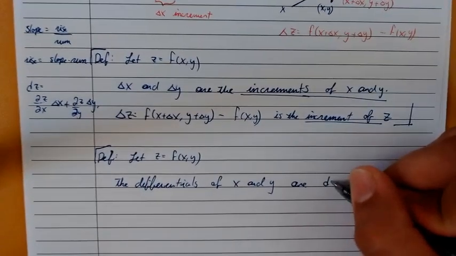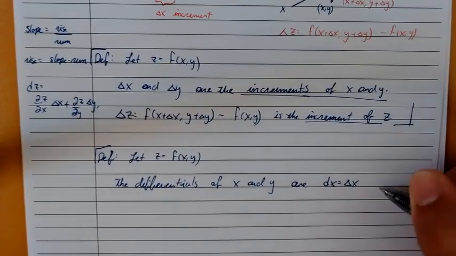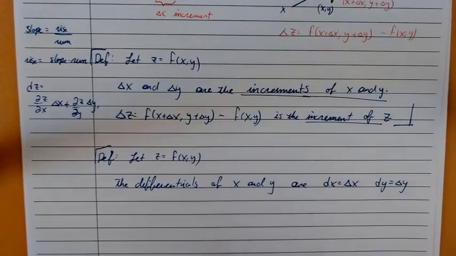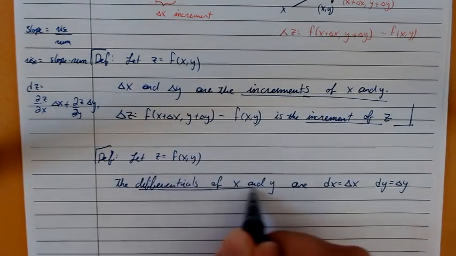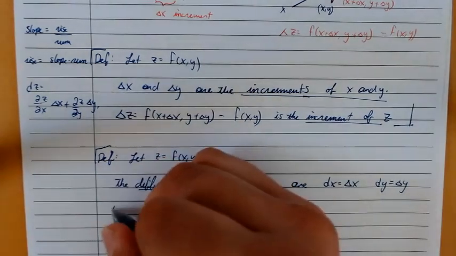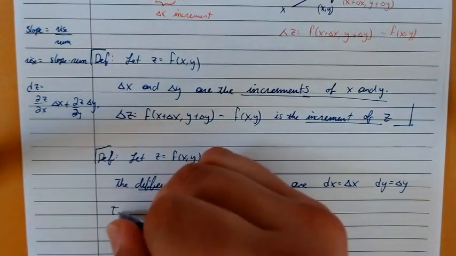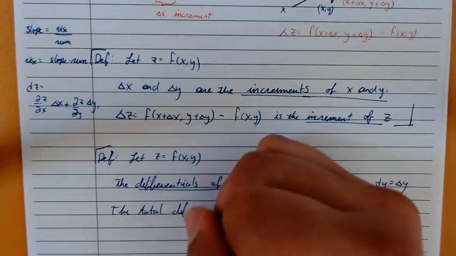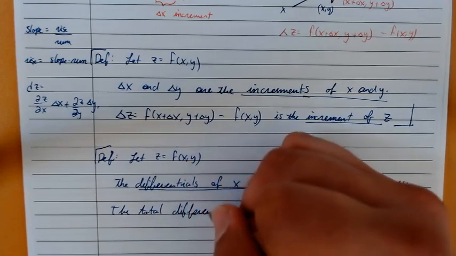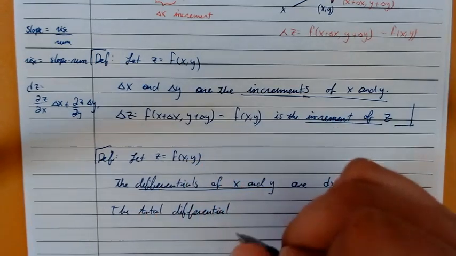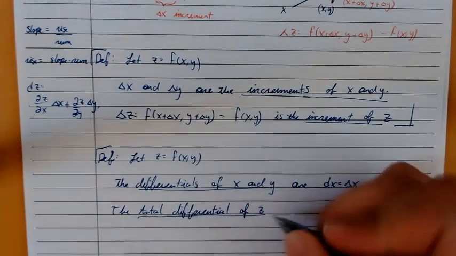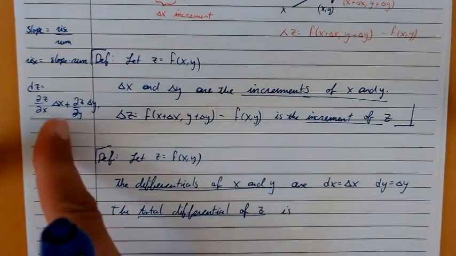So dx is going to be identically delta x, and dy is going to be identically delta y. The total differential, that's the differential of z, the total differential of z is that thing over there.